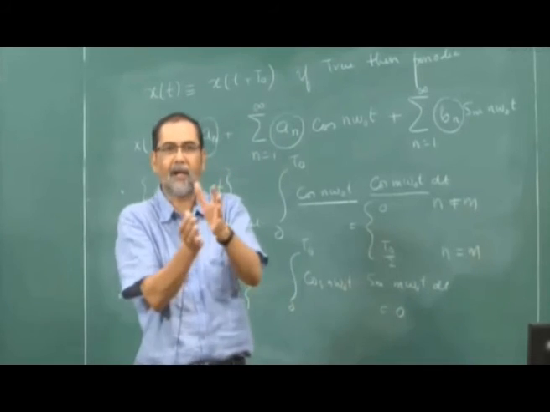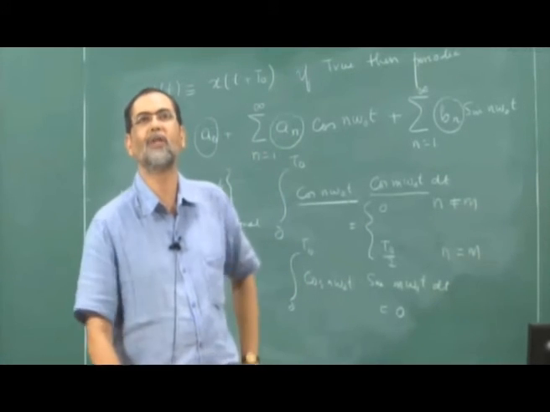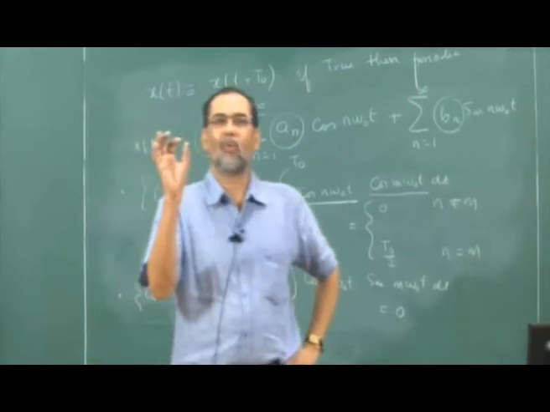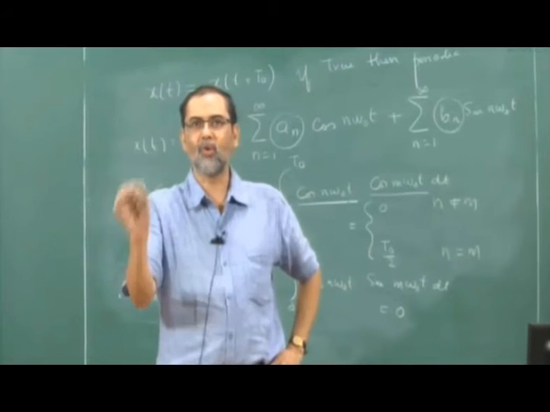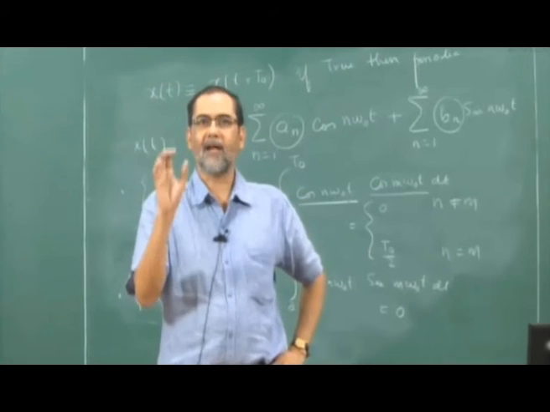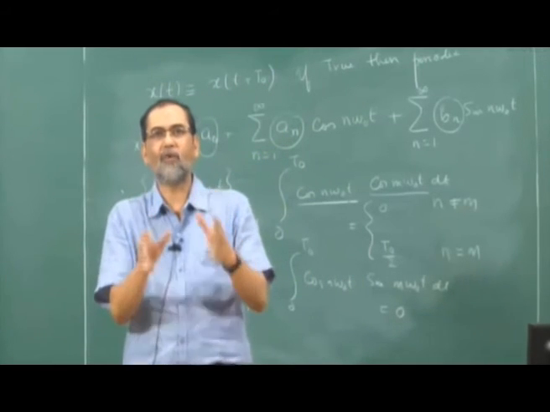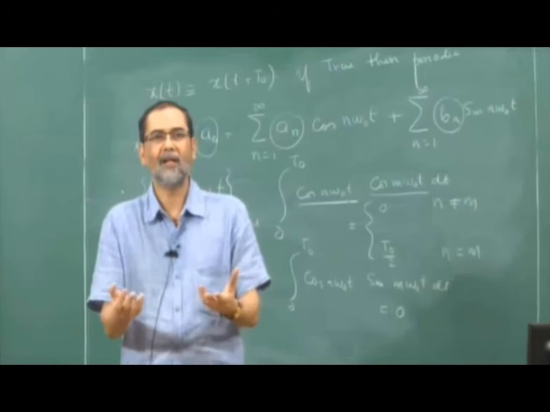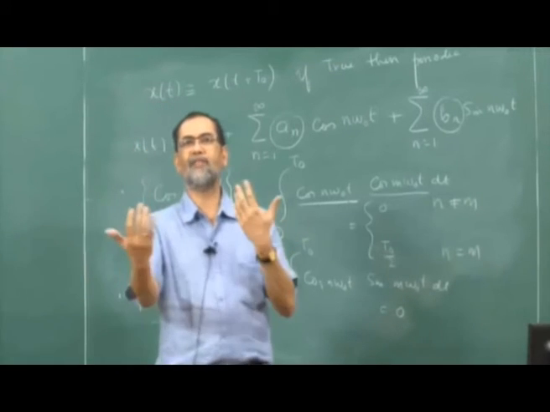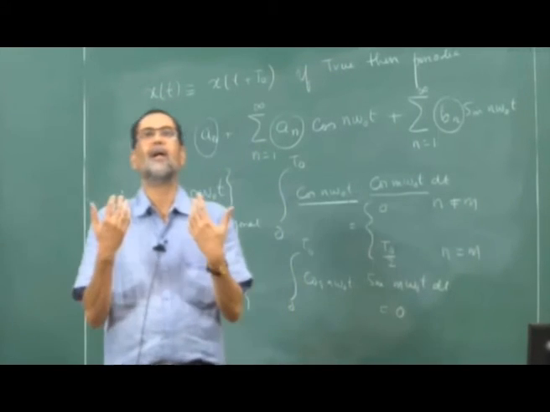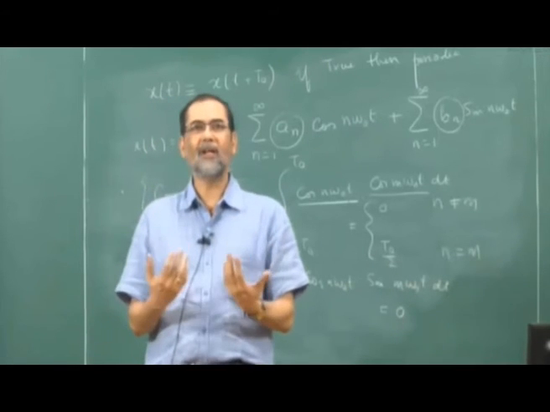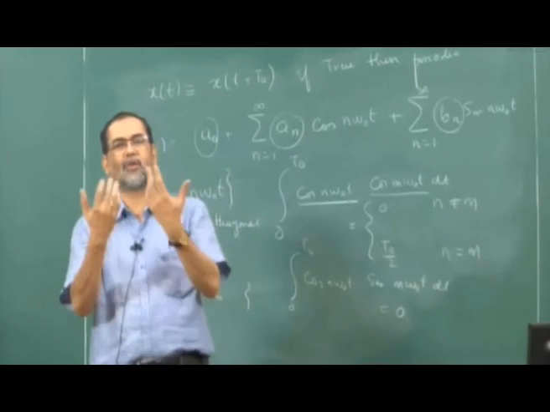So this collection of orthogonal properties is that the cosine function integrates to 0 over one period, the sine function integrates to 0 over one period, the set of cosine functions are orthogonal, meaning for n and m different they integrate to 0, cosine and sine are orthogonal, and sine forms an orthogonal set.